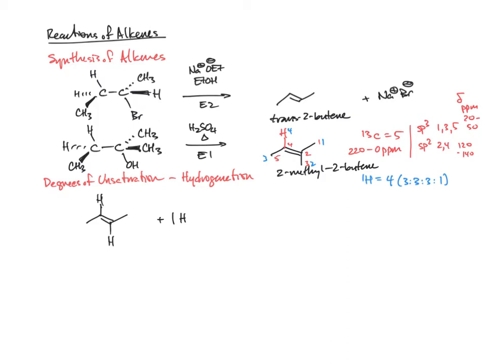So we're going to treat that with 1 equivalent of hydrogen gas and say we're going to run this reaction with palladium metal, Pd. And then I'm going to use this nomenclature /C. What that means is the palladium metal is adsorbed onto charcoal.